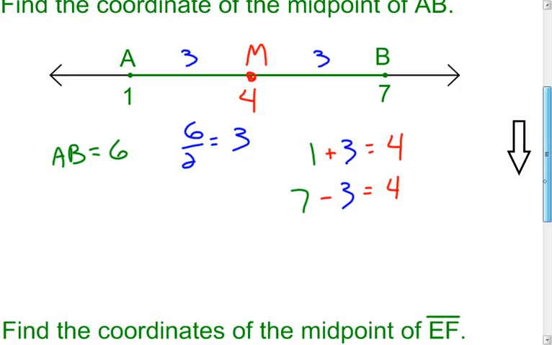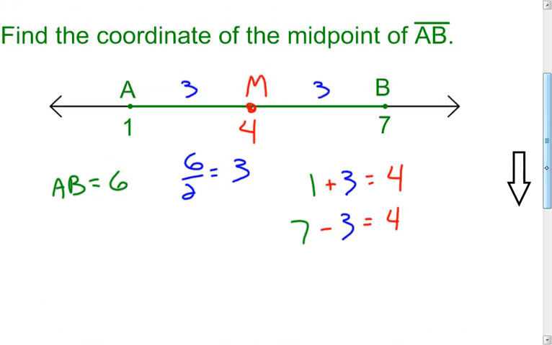Now, another way to do it, I like to think of the word midpoint and average. They kind of go hand in hand. Midpoint, it's the point in the middle of a segment. You think average, well, it's the number that's in the middle of two other numbers.